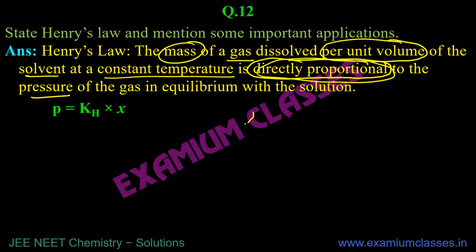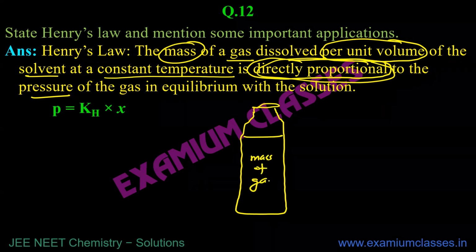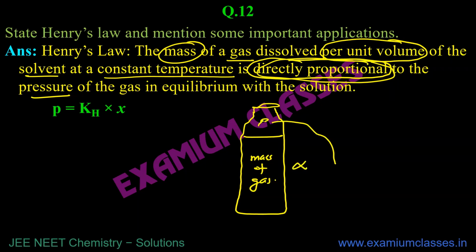So what I am saying, if this is the bottle of soda or Coke, okay, whatever mass of gas is here, it is proportional to this pressure. This mass of gas in the solution, okay, is proportional to the pressure above it, pressure of the gas.